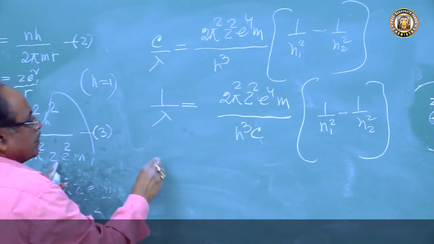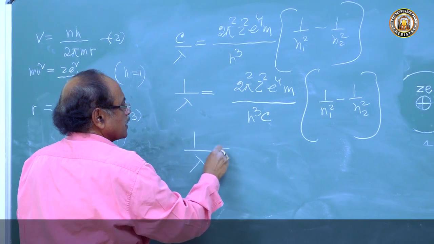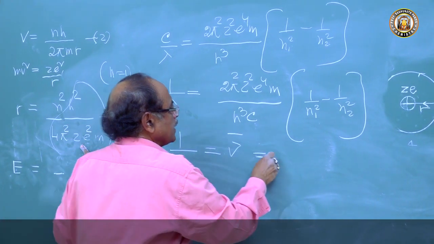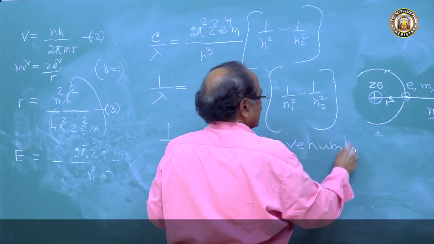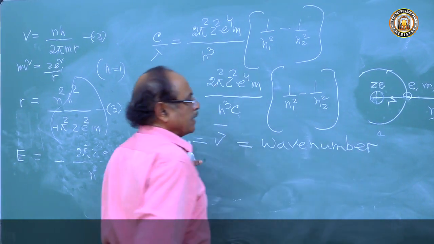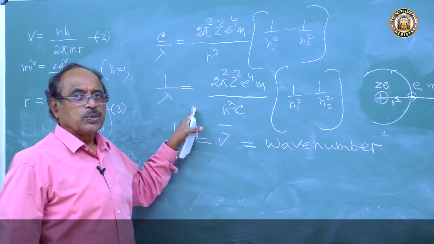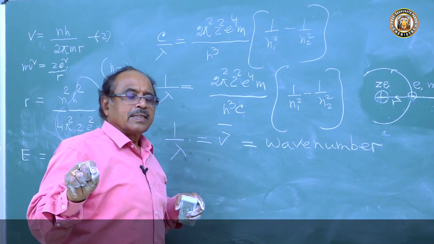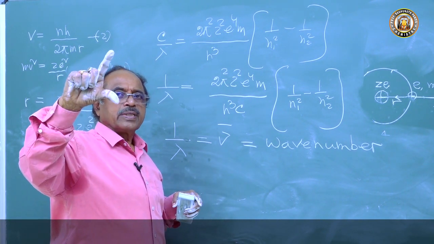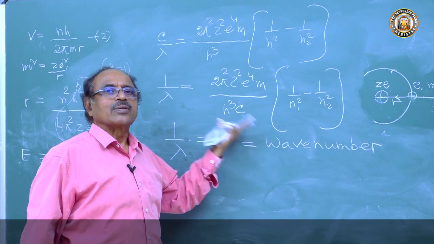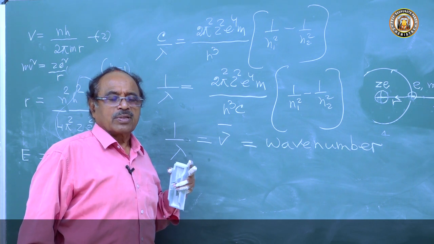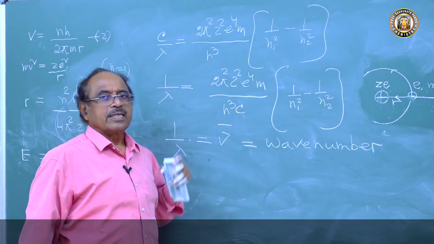So what is 1 by lambda? 1 by lambda is equal to nu bar, the wave number. This we have read in the theory of electromagnetic radiation. Children, I told you, Bohr could apply Planck's quantum theory and the theory of electromagnetic radiation, all the values, and calculate in his model of atom, and get all these elementary calculations.